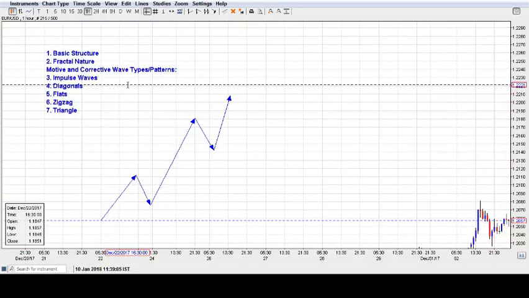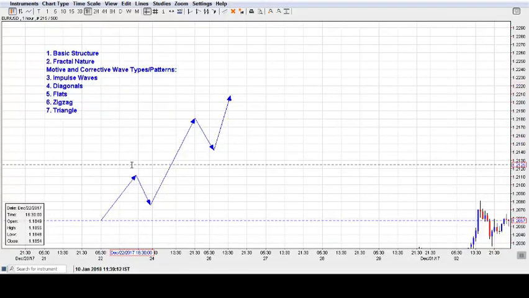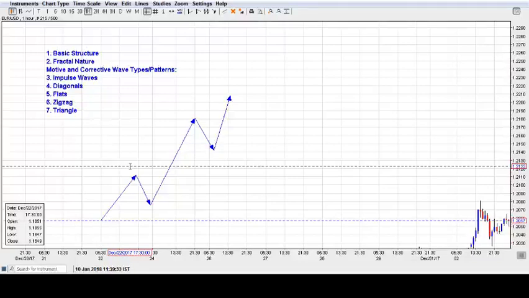And if you have forgotten what motive waves are, motive waves are those which move with a clear intention or a motive. They want to push the market in a particular direction, could be up, could be down. As far as the theory goes, that's the main reason why it is five waves. Three waves could be sideways action, two waves means nothing, and precisely that's the reason why it is five waves.